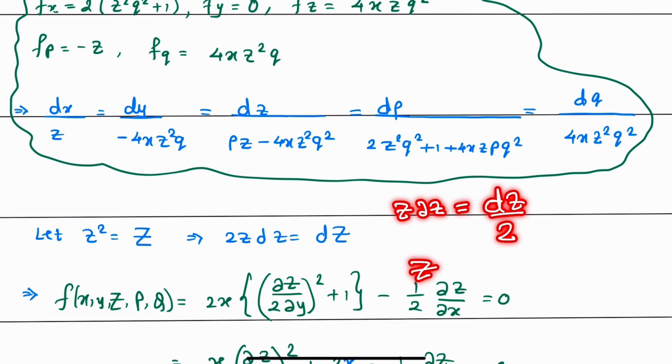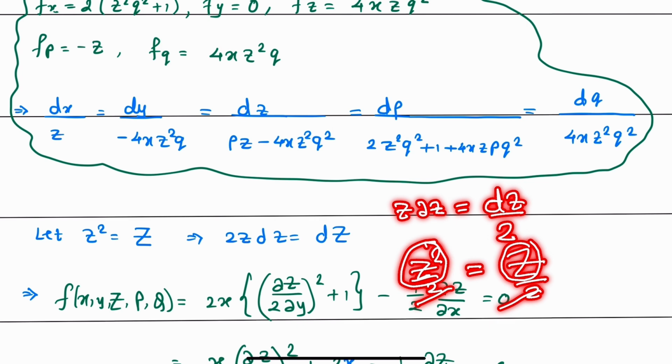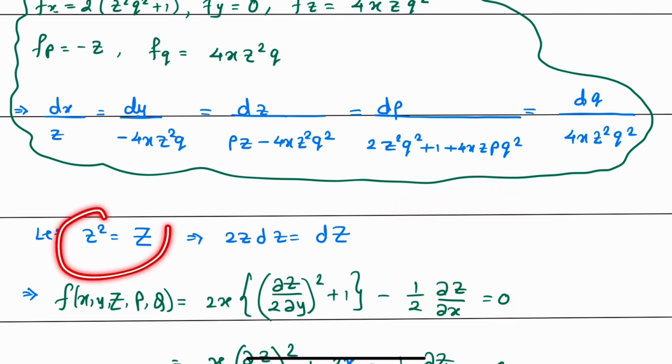I'll get z square by 2 equal to some capital Z by 2. This 2 gets cancelled and I get z square equals capital Z. This is small z. So I substituted z square equals capital Z. From there I get 2z dz equals this capital dZ.